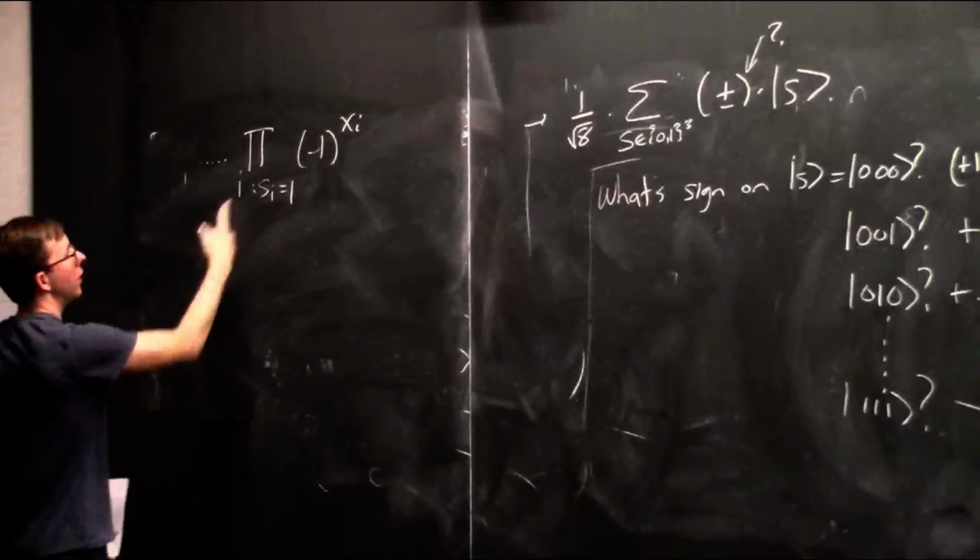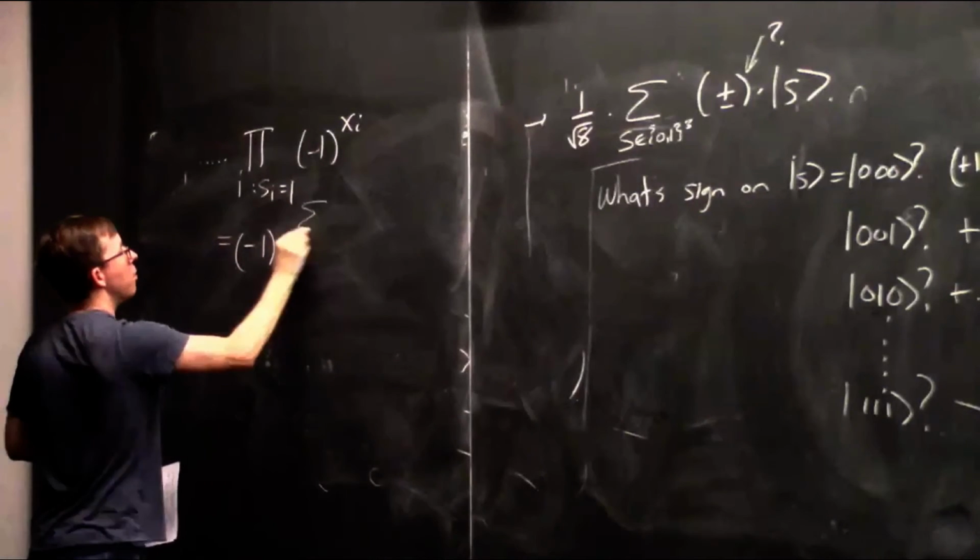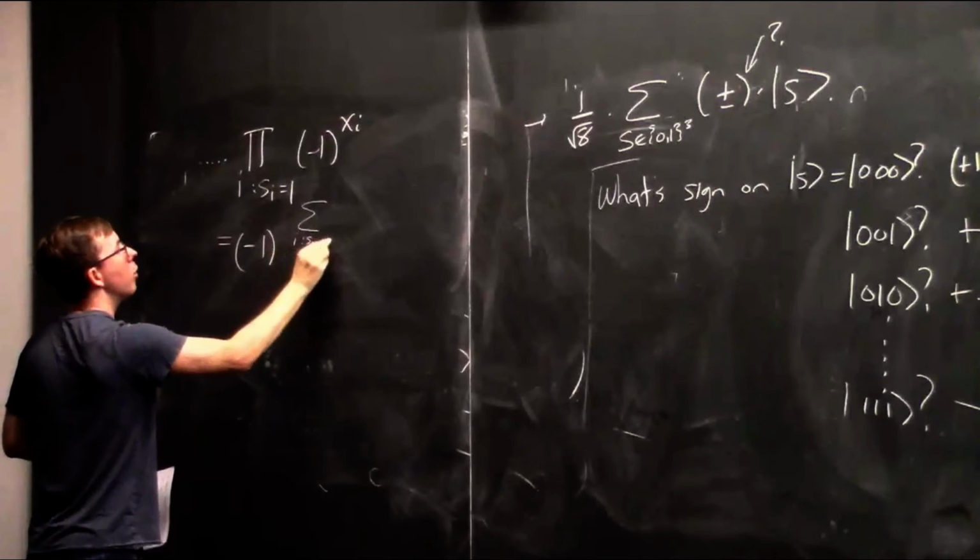Now, due to the laws of exponents, this is -1 to the sum over i such that Si equals 1 of xi.